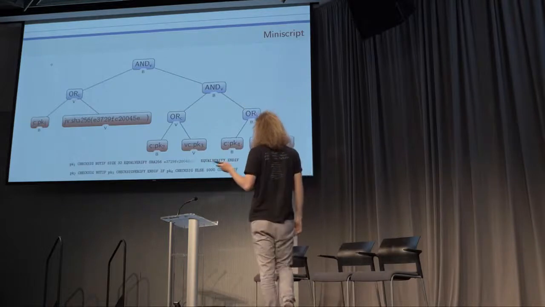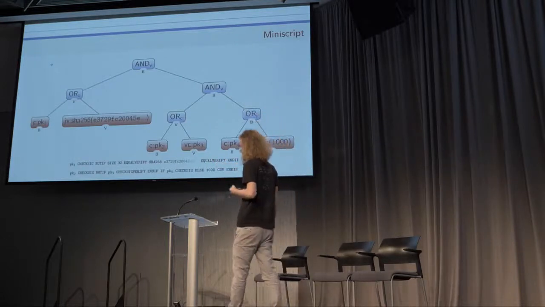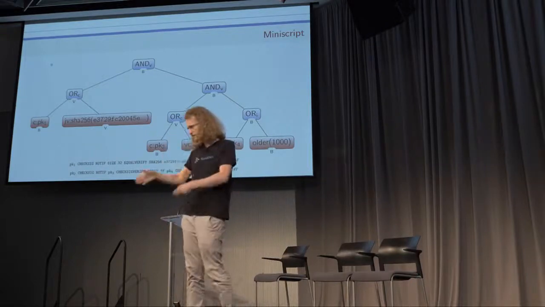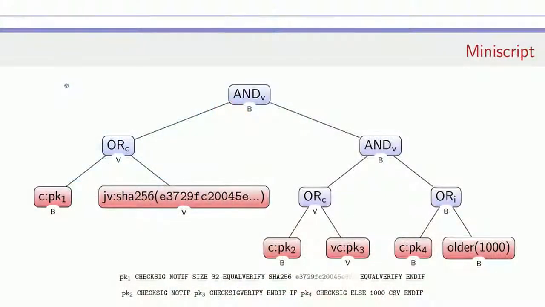But let me show you a larger example and quickly run through the kind of things that you might do with Miniscript. Here I've got a much larger script. At the bottom I've got the actual script encoding. You can ignore that. At the top I've got the actual Miniscript. The first thing I'm going to do if I'm trying to reason about this is throw away all the noise. That's very easy.